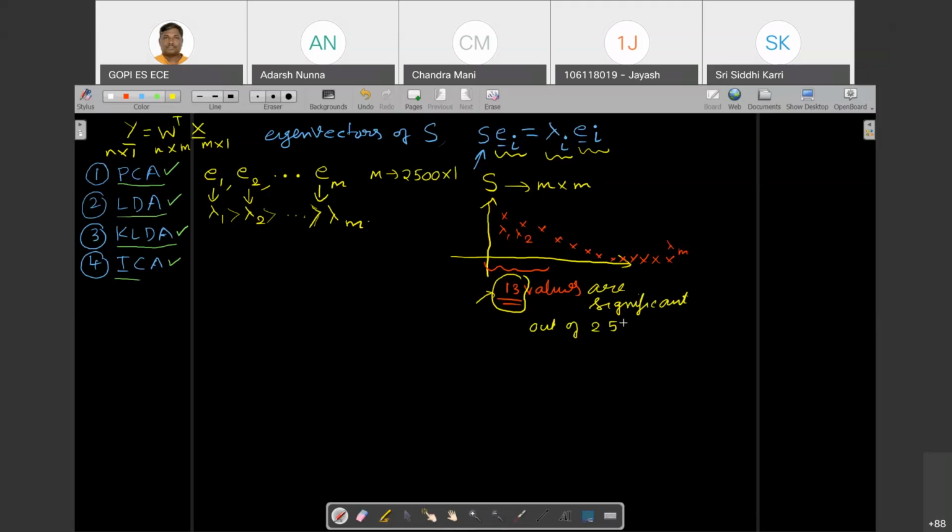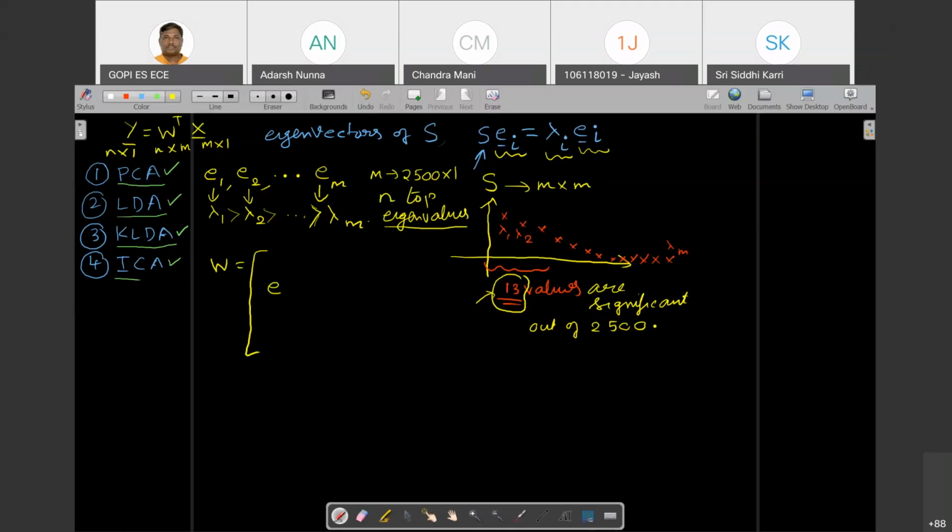The thing to be noted is that we are going to collect n of the values, and then the corresponding eigenvectors.